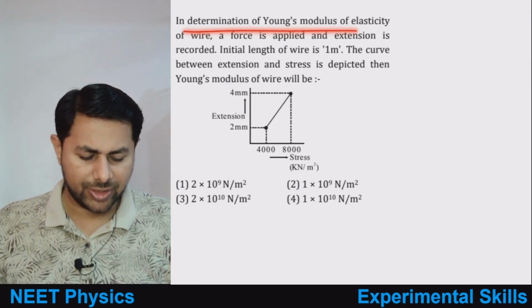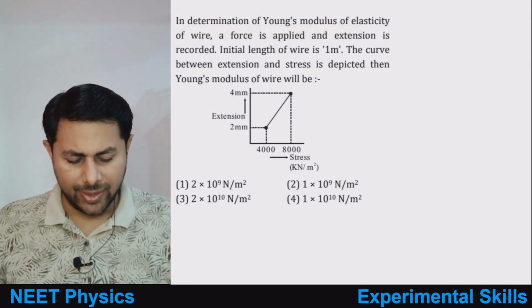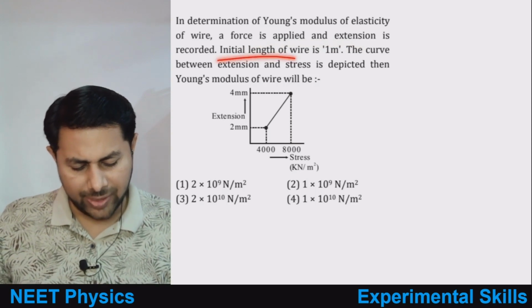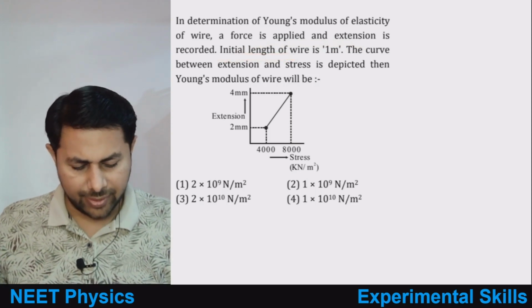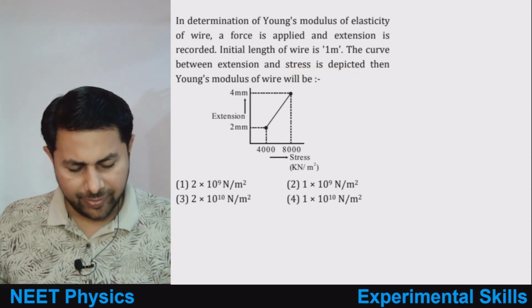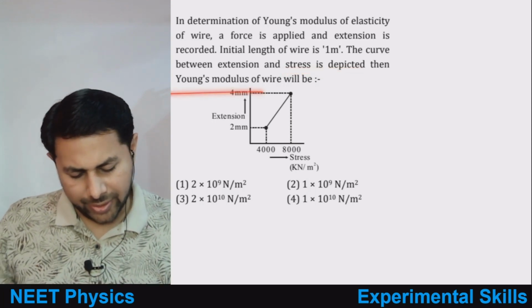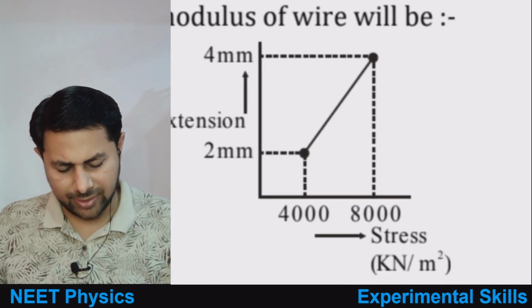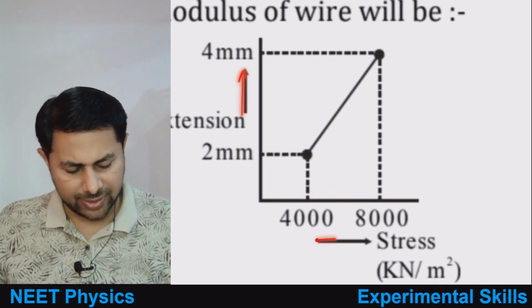In determination of Young's modulus of elasticity of a wire, a force is applied and extension is recorded. Initial length of the wire is 1 meter. The curve between extension and stress is depicted. Then the Young's modulus of the wire will be, so extension versus stress is given.